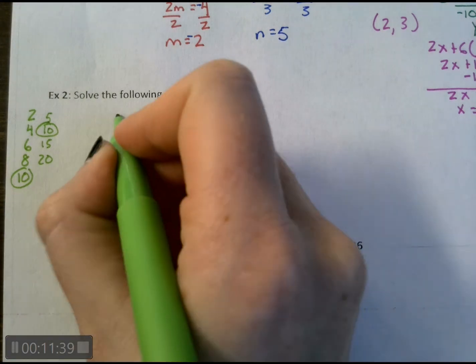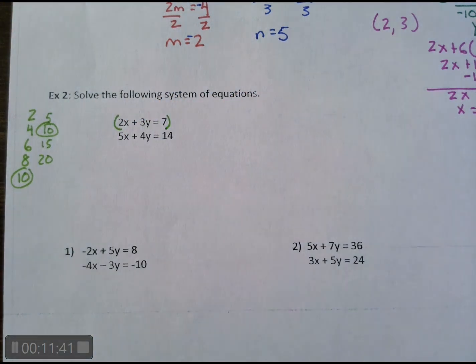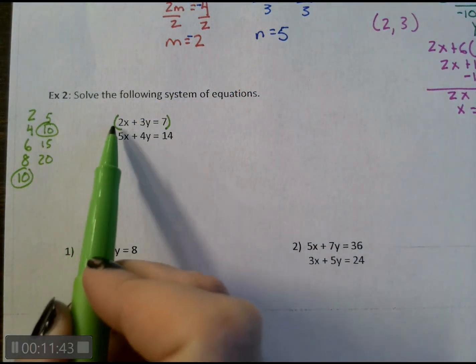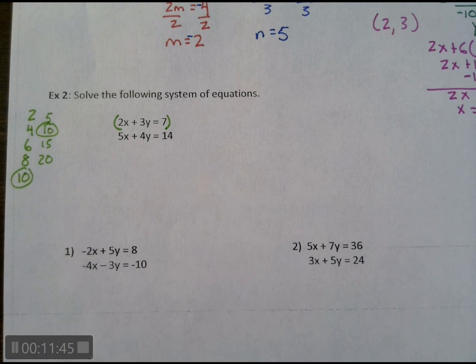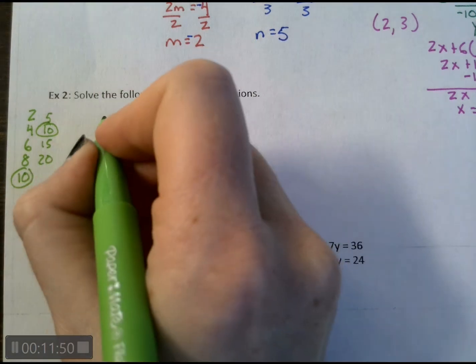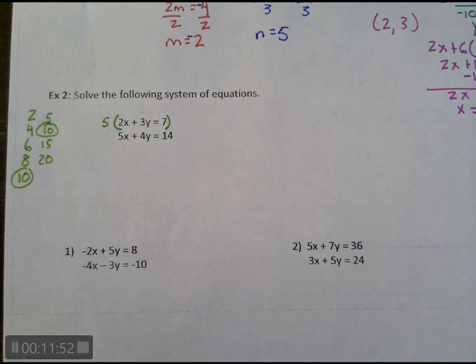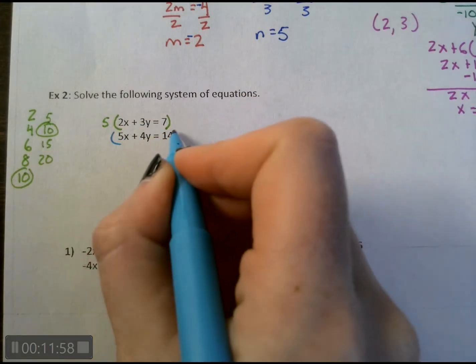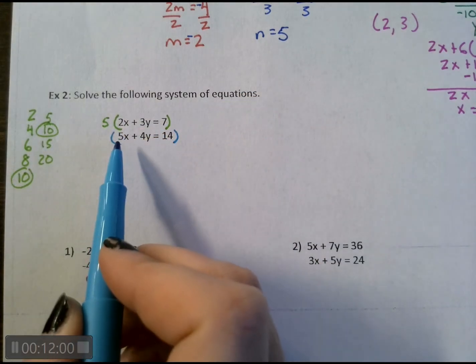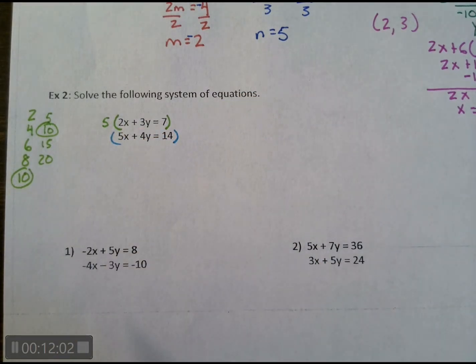So when I multiply this equation, I need to get this 2 to turn into a 10. So what am I going to multiply it by? I'm going to multiply it by 5. And then I need to multiply our second equation to make this 5 also turn into a 10.